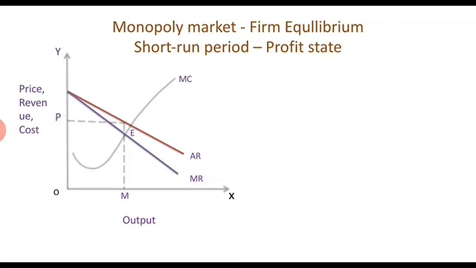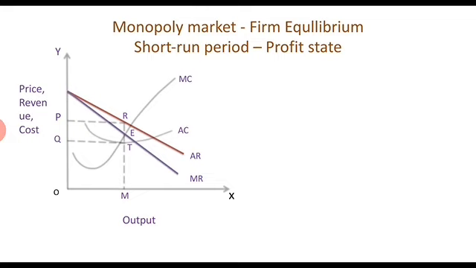In this state, the firm's average cost is shown by the AC curve, or average cost curve. Average cost is OQ.